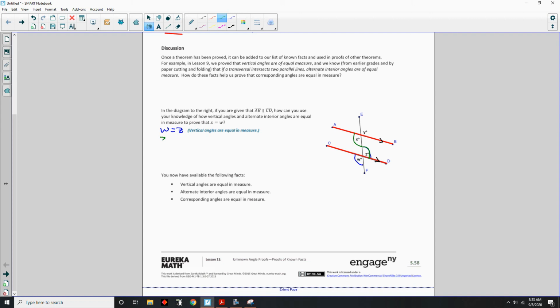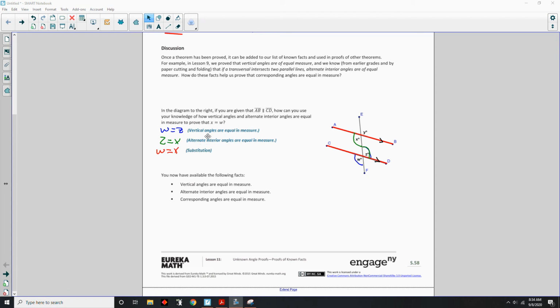Now I can say Z equals X because alternate interior angles are equal in measure. Okay, so now if we have W equal to Z and Z is equal to X, then we can say W is equal to X. If A equals B and B equals C, then A equals C. It's the same thing. Okay, reason.